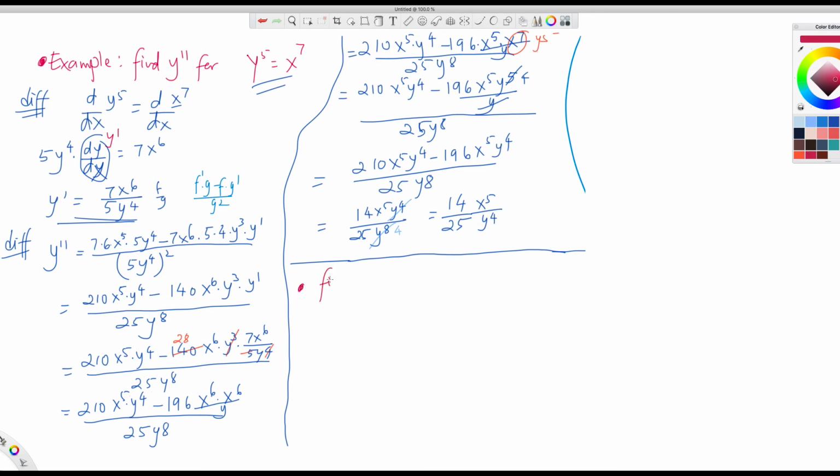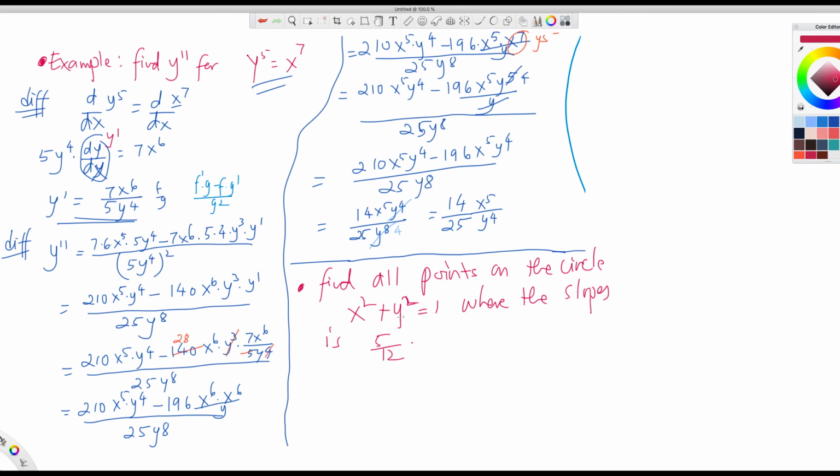Find all points on the circle x squared plus y squared equals 1, where the slope is 5 over 12. So basically you are trying to find all the points on the circle where the slope is equal to 5 over 12, okay?